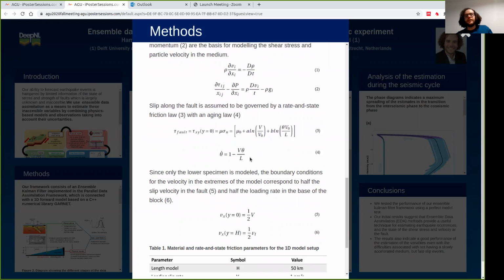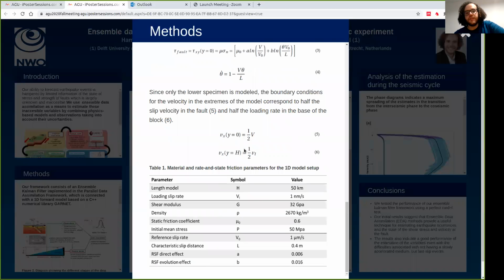Besides, in the seismogenic zone, we use an aging law for modeling the evolution of the state theta with respect to time. Finally, here you will find the parameters and material properties that I use for producing my results.